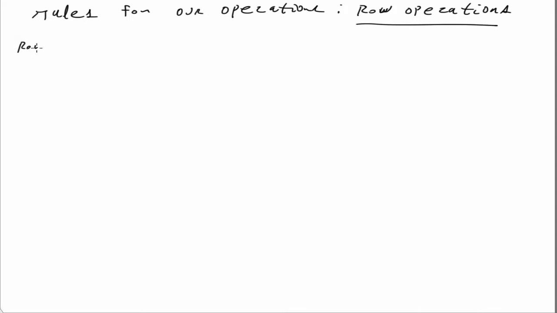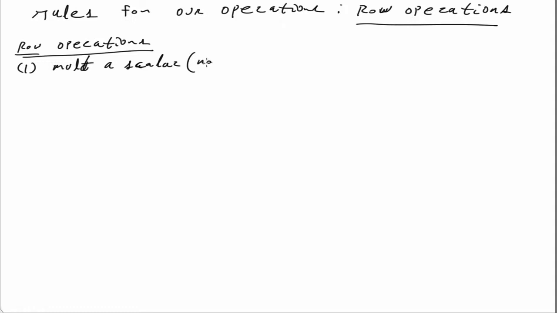So the row operations are as follows. The first row operation is we can always scalar multiply. For any row, any line of our equation, we can multiply by a scalar, and that should be a non-zero scalar.